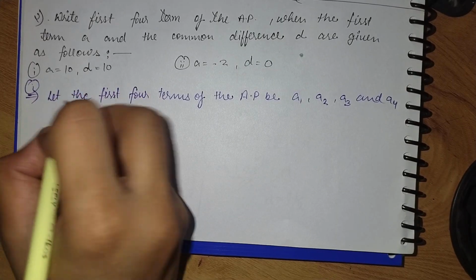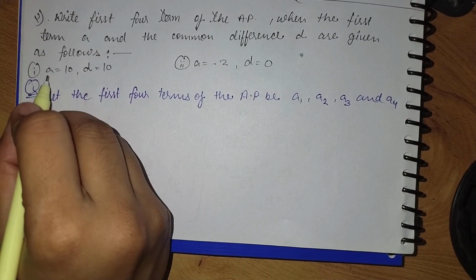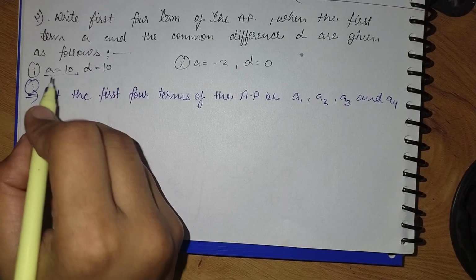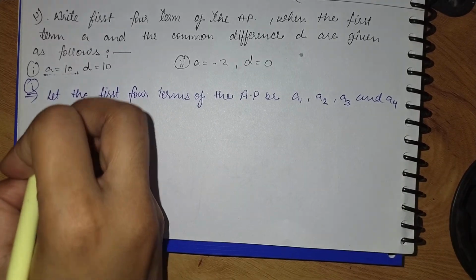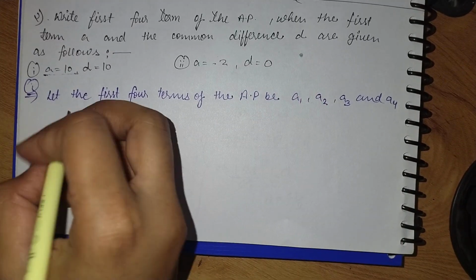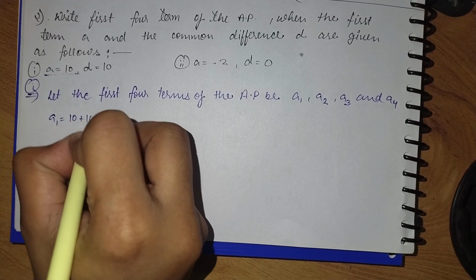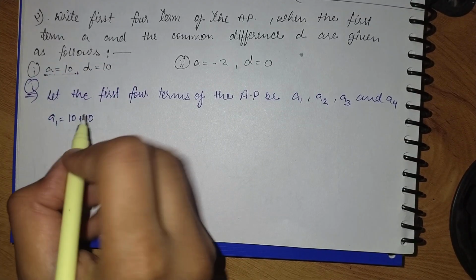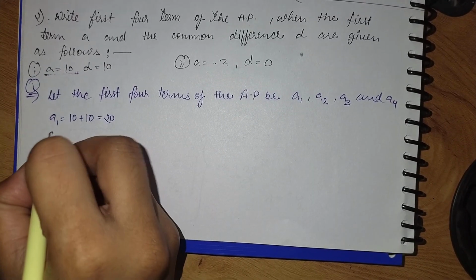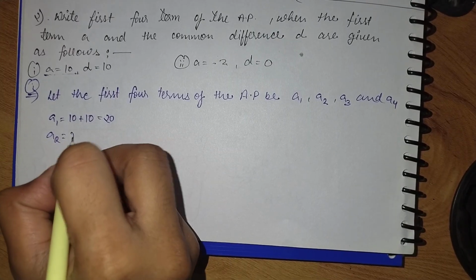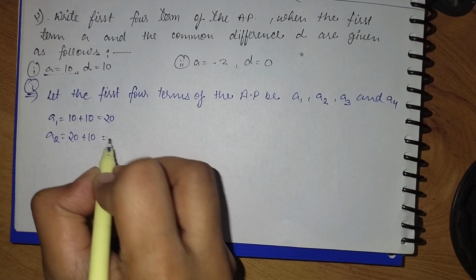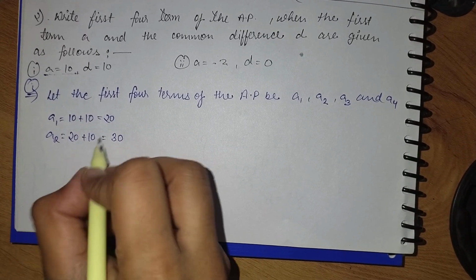So A1 we can write as 10 plus 10, where 10 is the first term and D is the common difference. So that will become 20. After that A2 is 20 plus 10, that will become 30.